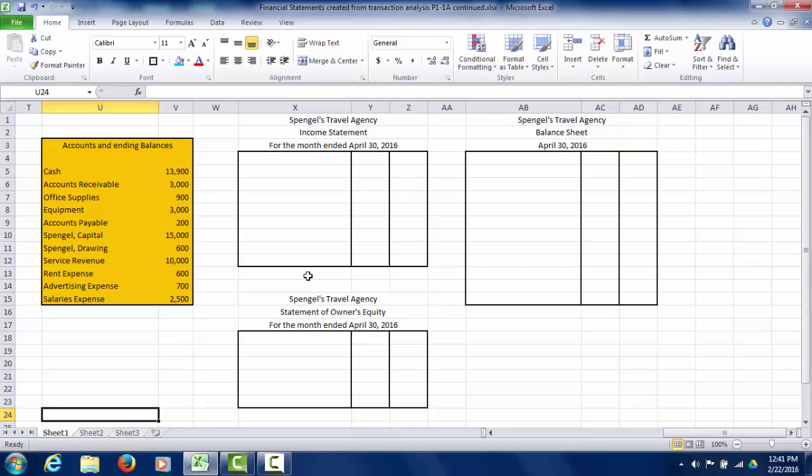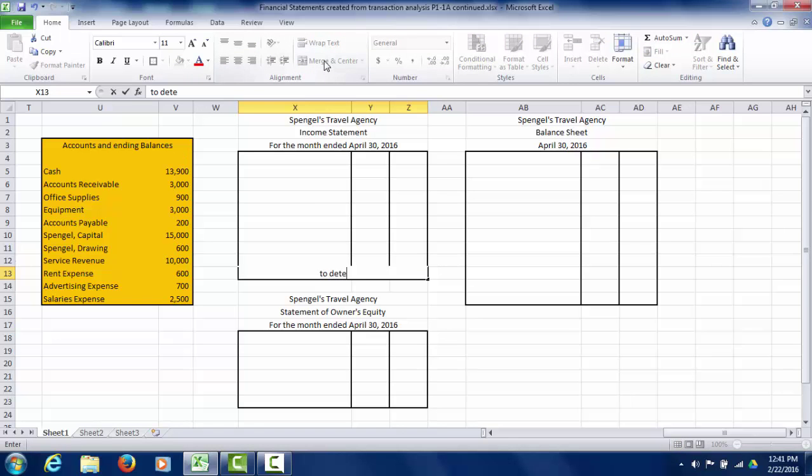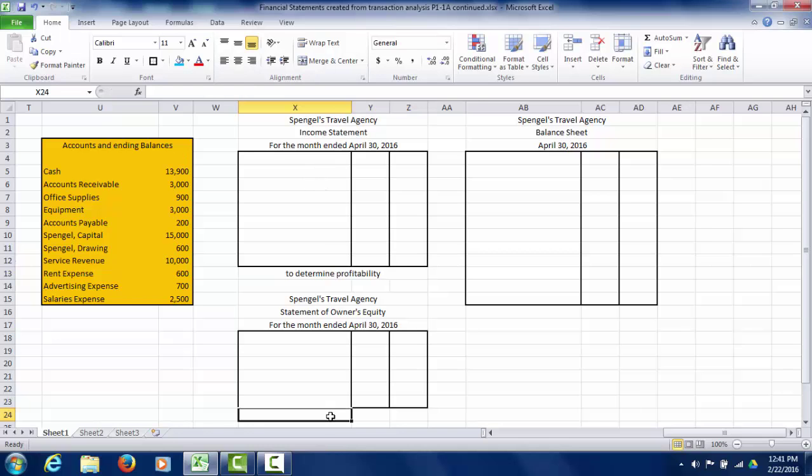So just a quick little blurb here I'll put under each of these. The goal of the income statement is to determine profitability. The goal of the statement of owner's equity is to determine the company net worth.